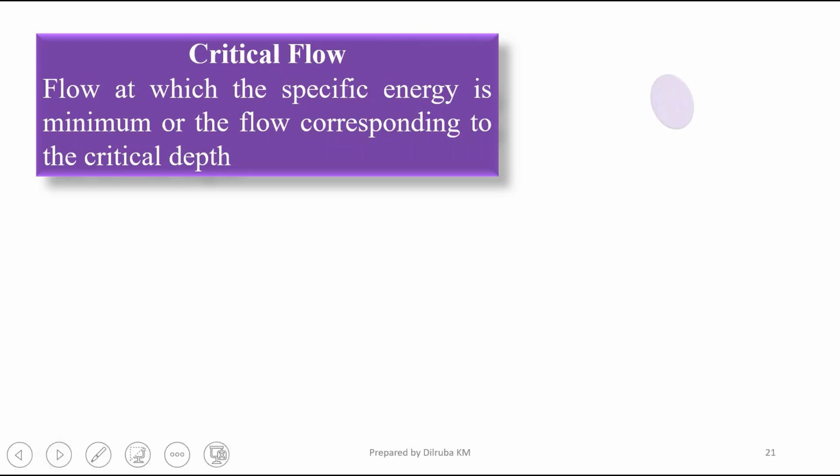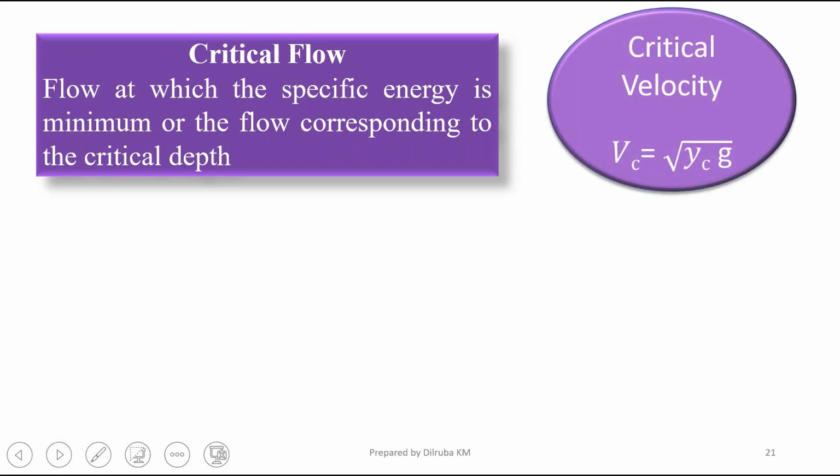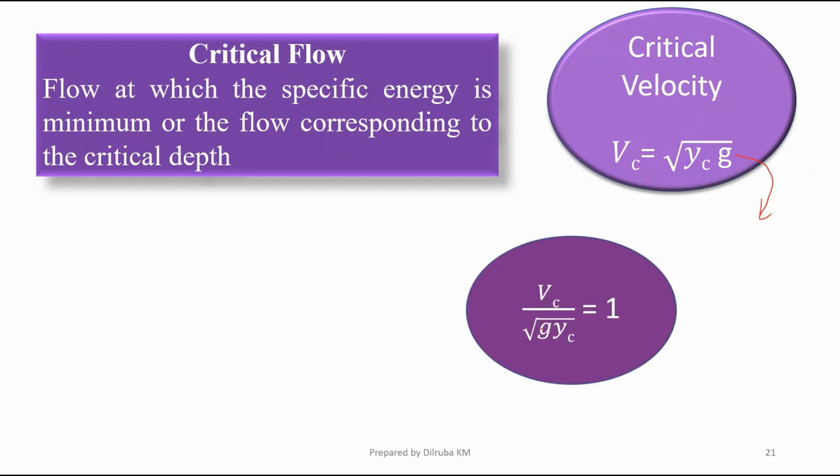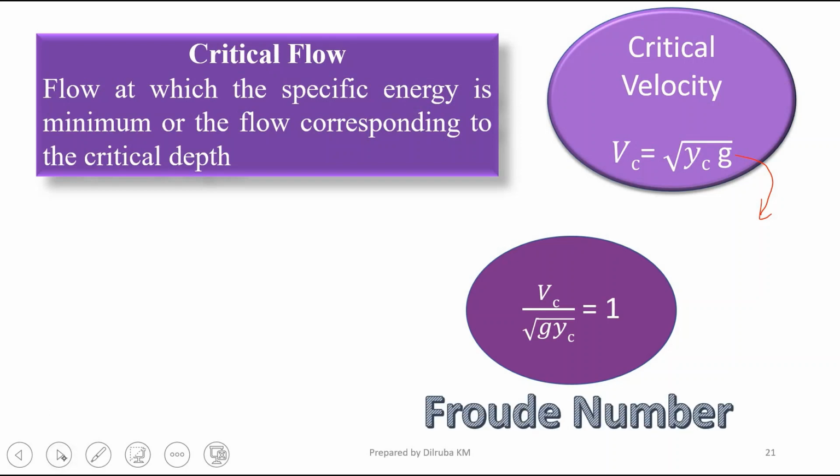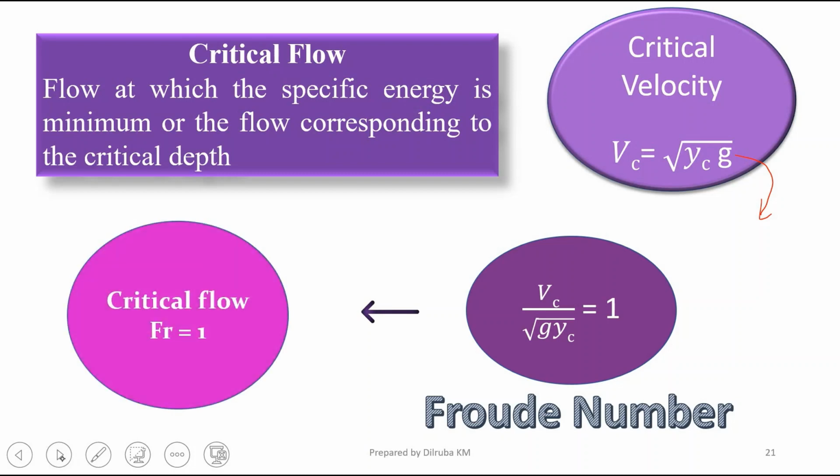When we look at the equation of critical velocity, Vc is equal to root of Yc into g, and rearrange it, we get Vc by root of g Yc is equal to 1. This Vc by root of g Yc is the equation of Froude number. So I can conclude that for critical flow, Froude number is 1.